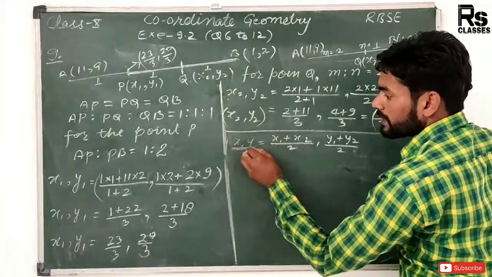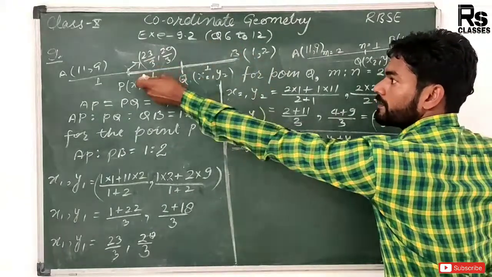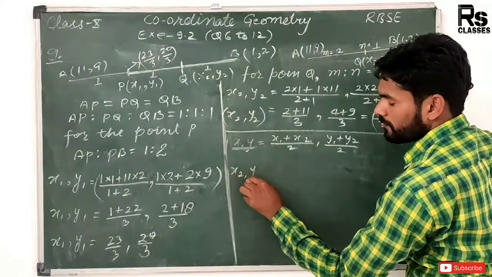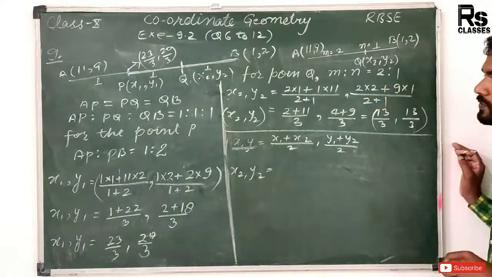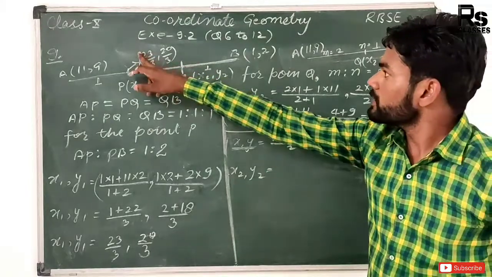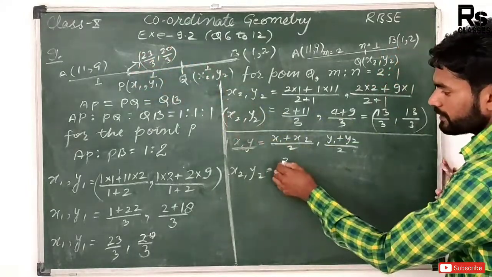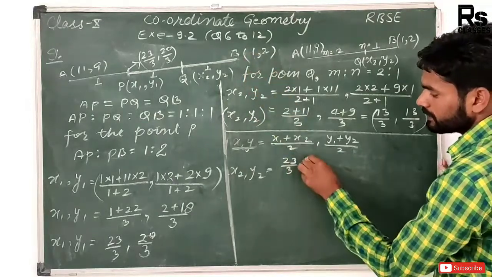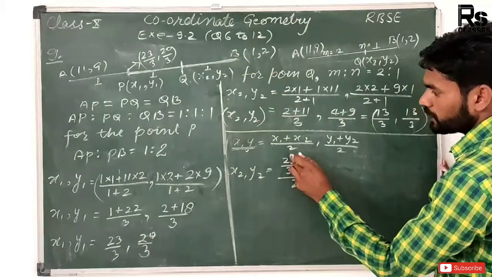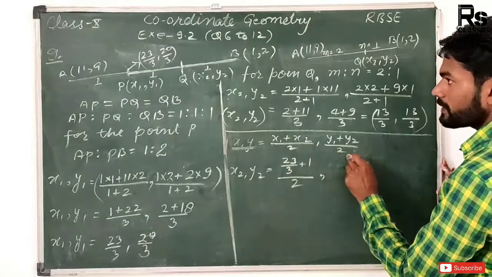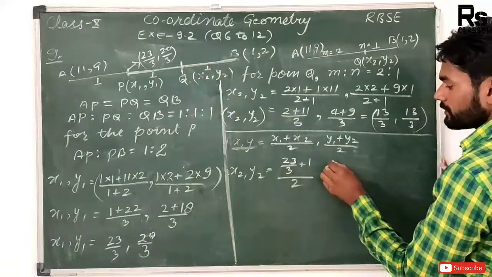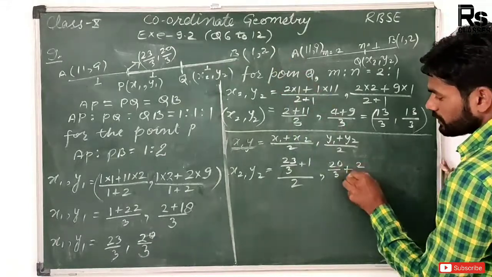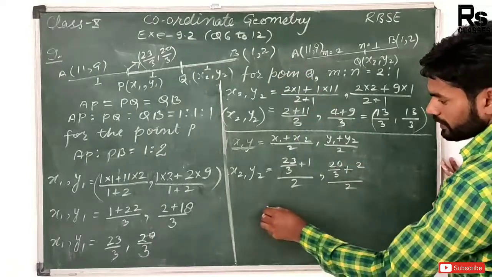Now the value of x and y according to our answer is x2 comma y2. So x2, y2 will be equal to x1 plus x2, 23 upon 3 plus 1 upon 2, comma y1 plus y2, 20 upon 3 plus 2 upon 2.